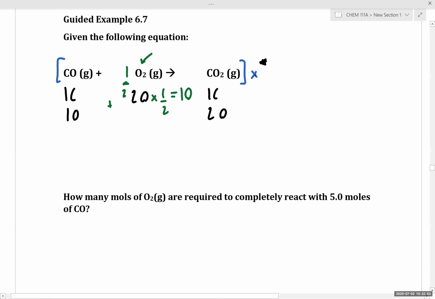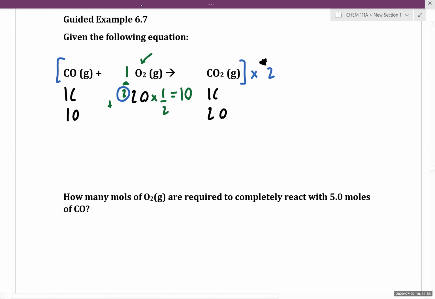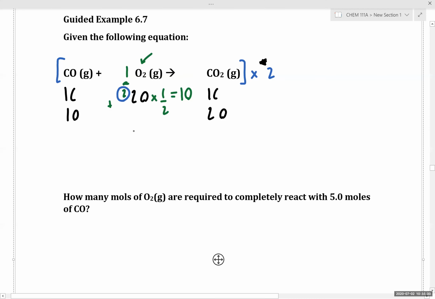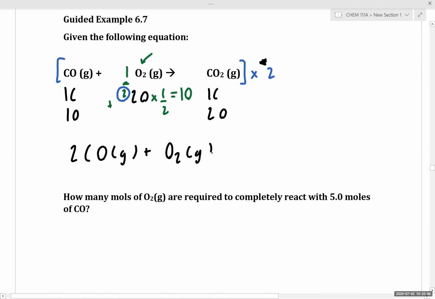What should we multiply all of our coefficients by? If we use this half notation shortcut, our denominator is 2, so we're going to multiply everything by 2. That in turn gives us 2 carbon monoxide gas plus oxygen gas leads to 2 CO2 gas.